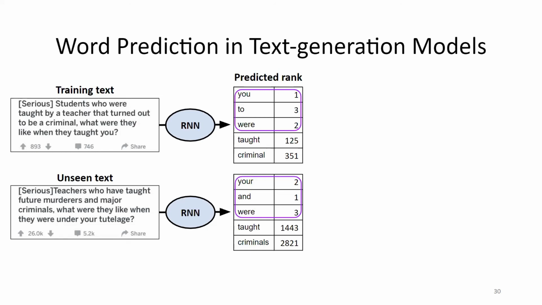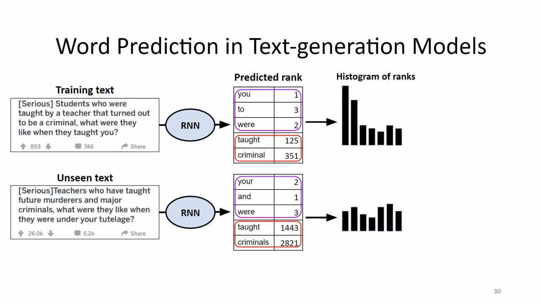However, for less frequent words, like "taught" or "criminals", there is a large gap in the model's predictions. The model will assign a much higher rank to that word if it appears in a training context. And now, if we plot these ranks in a histogram, you can observe a distinguishable difference.